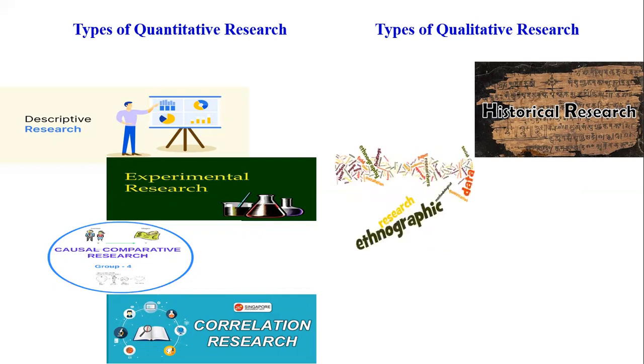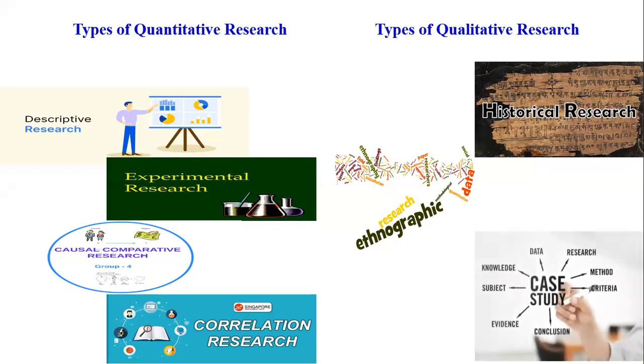As well as ethnographic research. I will explain ethnographic research in the next videos. Ethnographic research is the type of research in which we study some culture, some norms, some habits of one culture and compare with another culture. So it's a type of qualitative research.